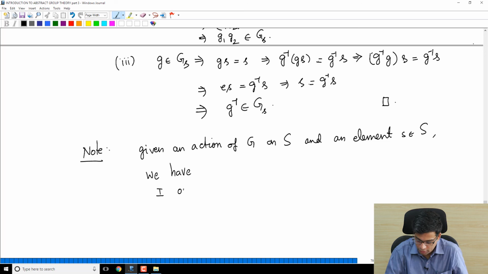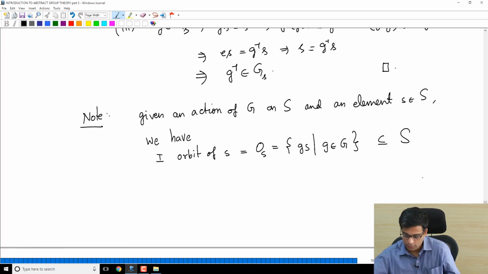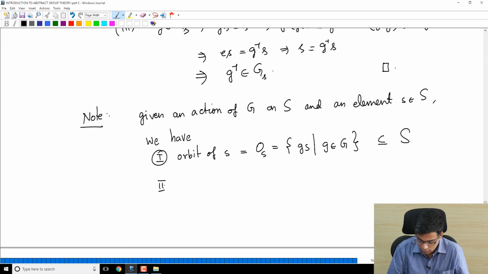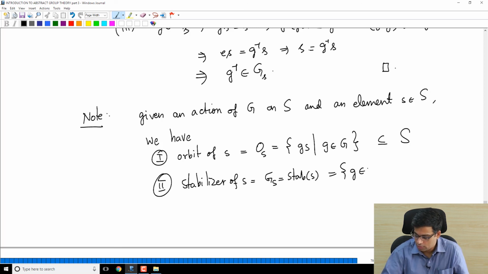We have orbit of s, which we denote by O_S, which is all g s as g varies over G. This is inside S obviously, and we have stabilizer of s that I sometimes denote by G sub s, sometimes by stab s. This is all g in G such that g s is equal to s. This is a subgroup of G.